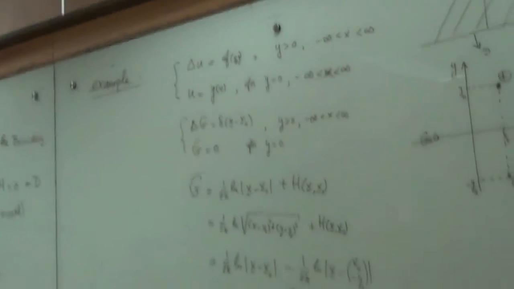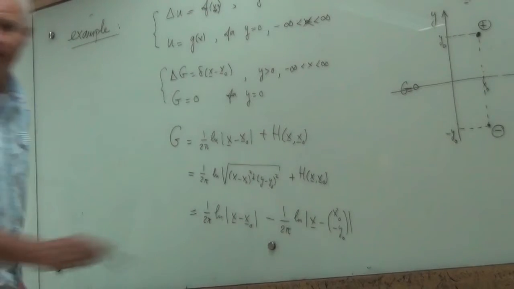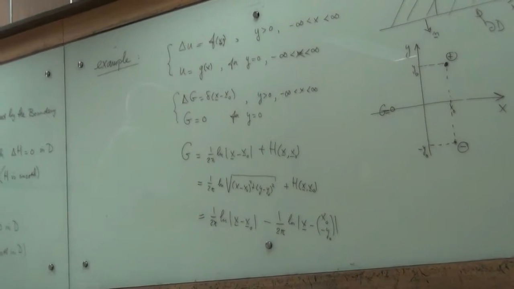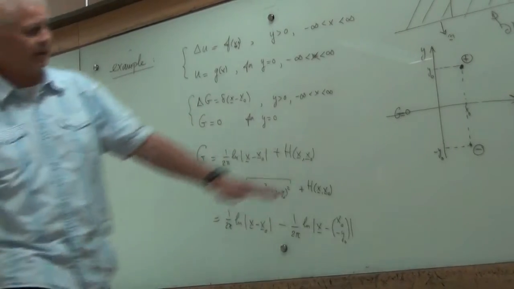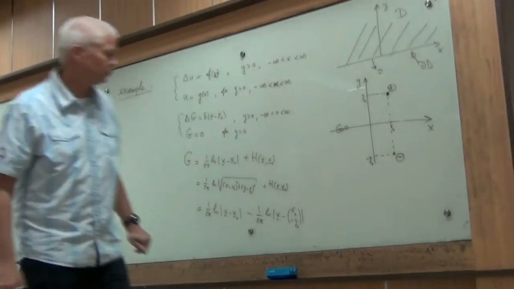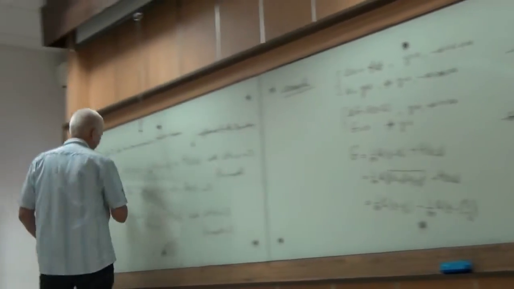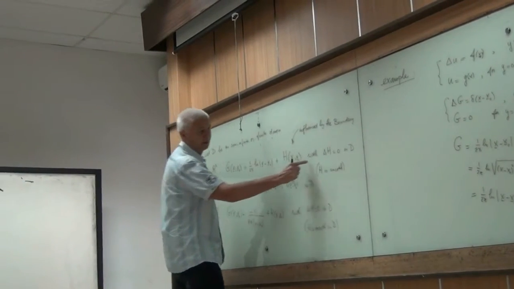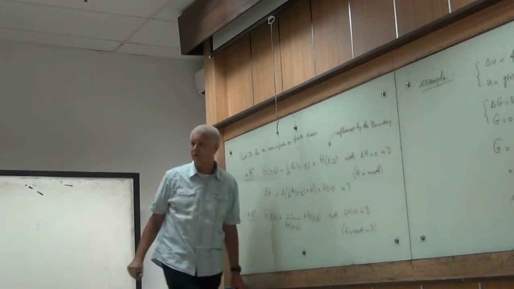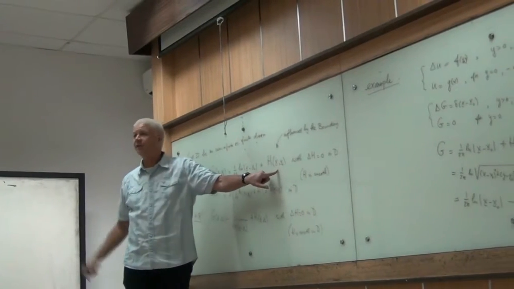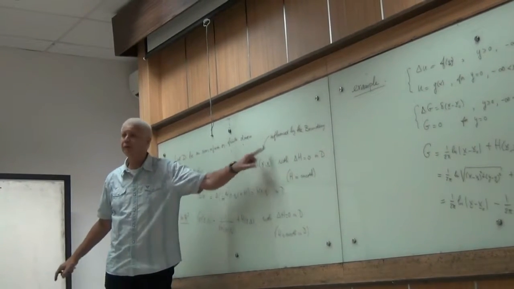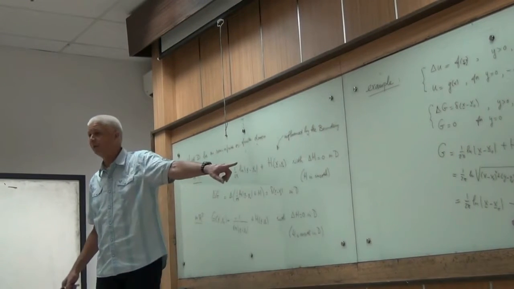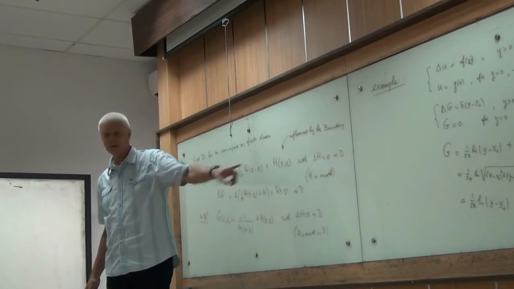Where is the singularity due to this delta function that I get over here? It's outside my domain D. G has this form in D, and the singularity for this function is outside D. So it's a nice function in D. So there's no problem at all.